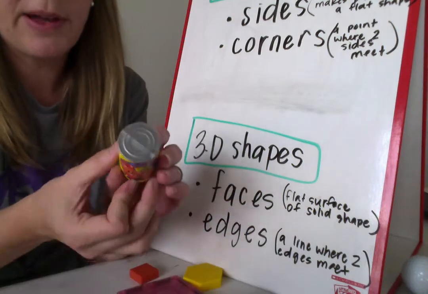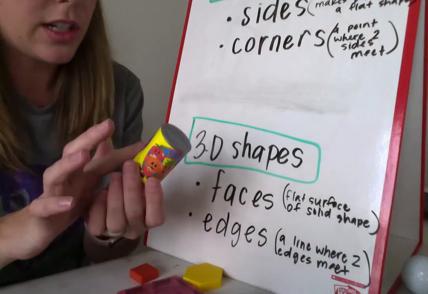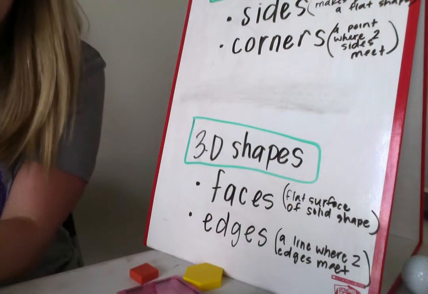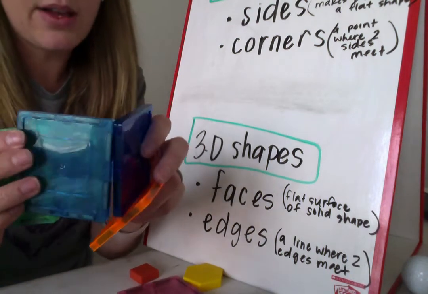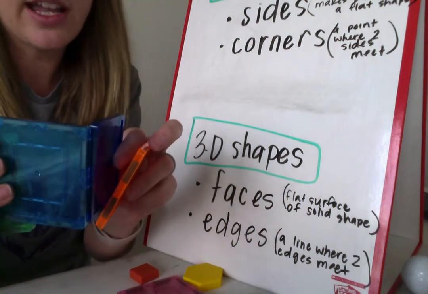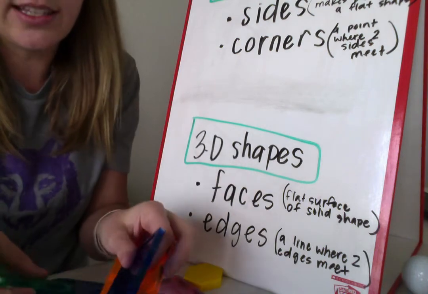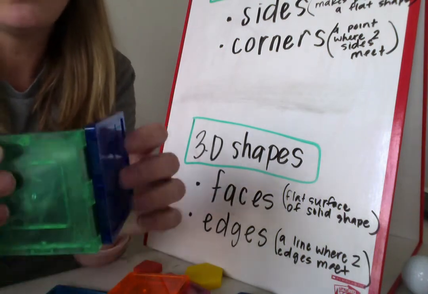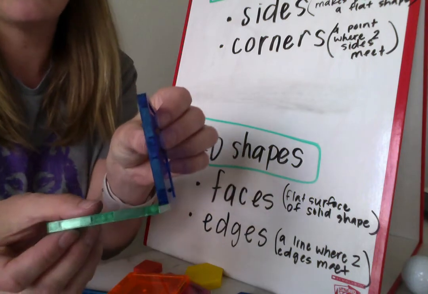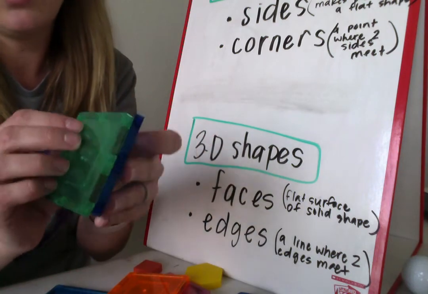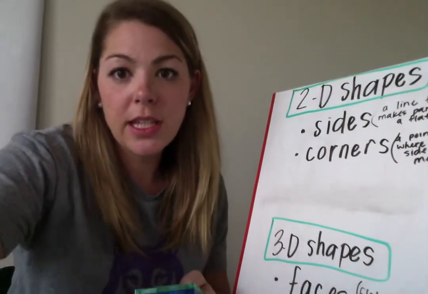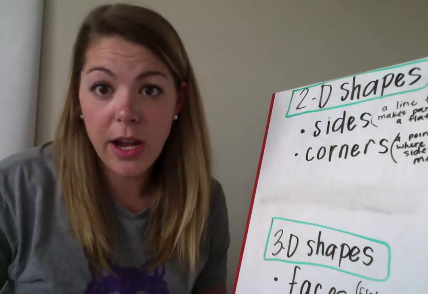And then you're going to talk about the faces, and then you're going to talk about edges, like when we had a cube where those 2 shapes meet together and they form an edge on the side. So if I was creating a cube where the green and the blue are coming together right there, it's creating an edge, okay?